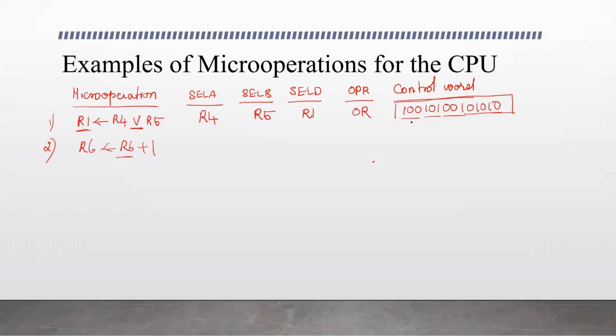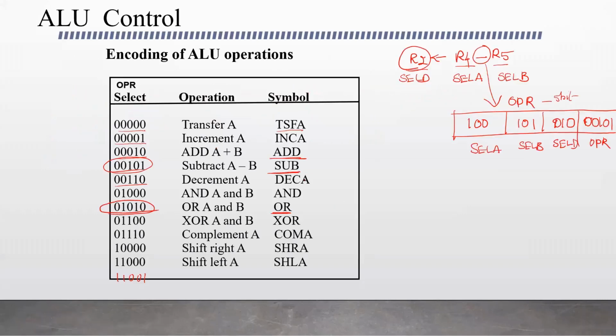Okay, and the corresponding control bits are this. And here the first input register is R6, and we don't have the second register. It is a single register, and it is incrementing the content of the register by 1. So here there is no second input, and the destination is again R6. We store back the result in R6, and the operation performed is increment, INCA.